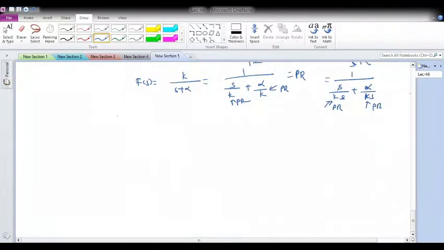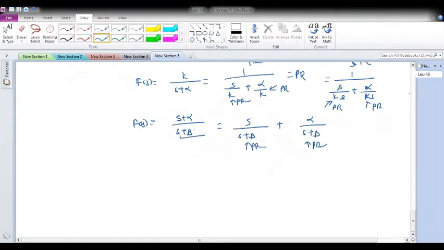Then next, if F(s), this basically R and C are in parallel, or R and L in parallel, then this kind of combination as an impedance we will get. Okay, so next, (s plus alpha) divided by (s plus beta), so this also you can check: s upon s plus beta plus alpha upon s plus beta. Right now we said that this is PR, this is also PR, so overall (s plus alpha) divided by (s plus beta) will also be PR.